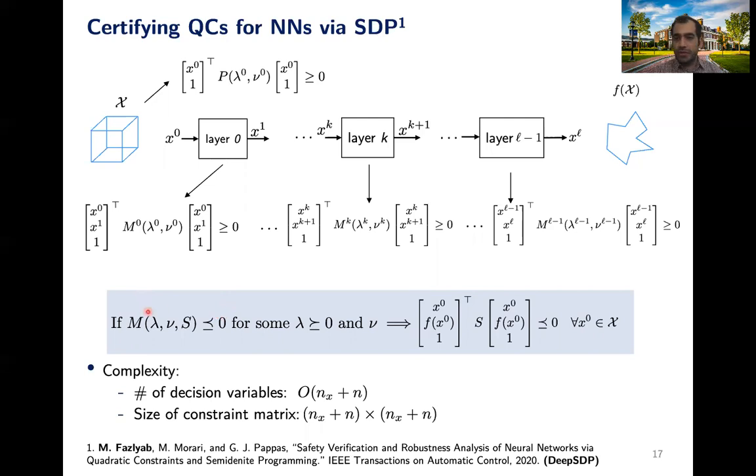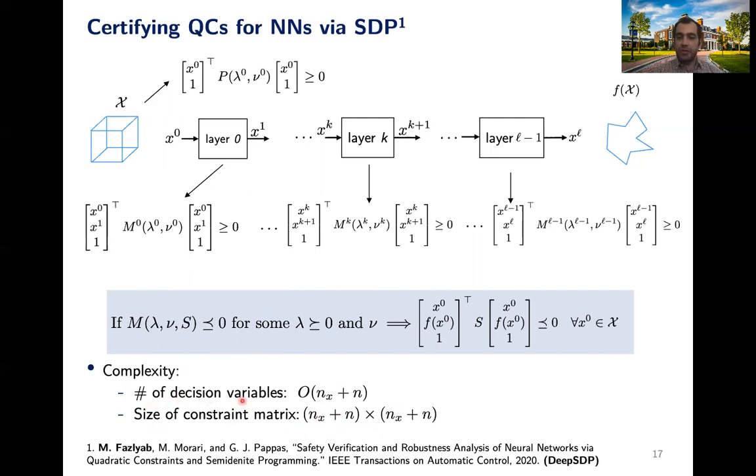If this linear matrix inequality is feasible for some values of the multipliers, then this is sufficient to have a quadratic constraint on the map of the neural network defined by this symmetric matrix S. It's worth noting that the size of this LMI is nx plus n times nx plus n, where nx is the input dimension to the neural network and n is the number of neurons.